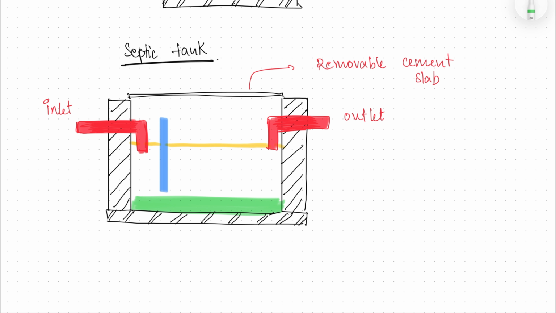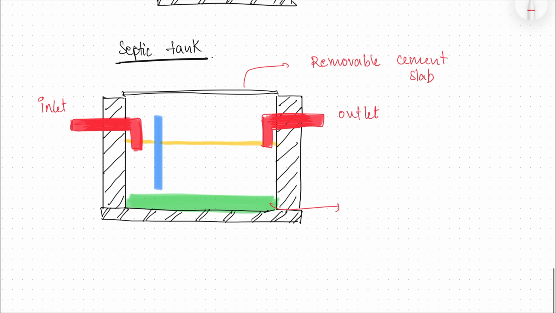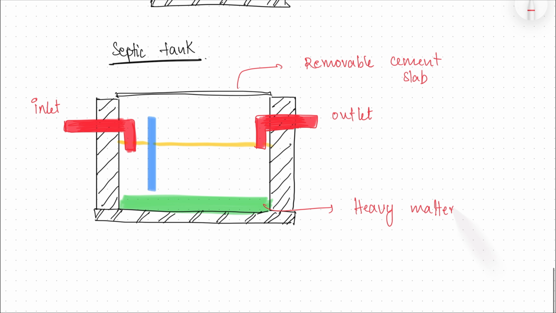The waste inside the septic tank is basically divided into two parts. The heavy matters settle to the bottom, and these are called sludge. And the lighter matter, like your oil, grease, and stuff, floats on the top. They are called scum.